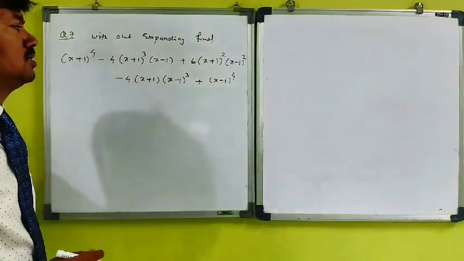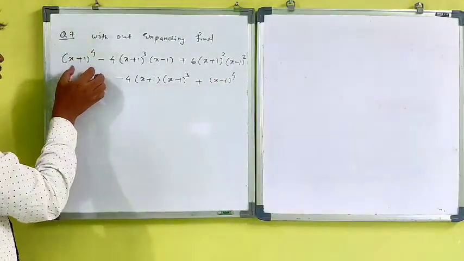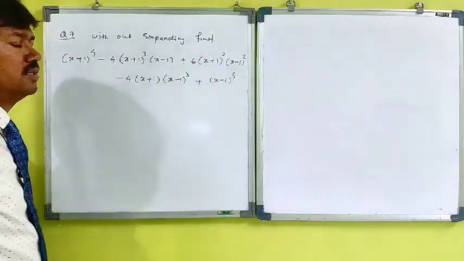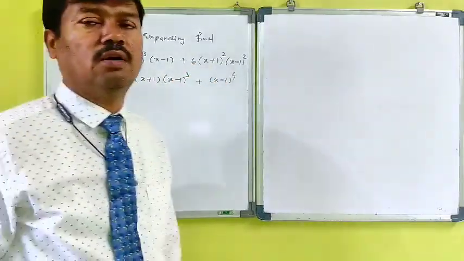So in this particular sum, we don't want to expand (x plus 1) raised to 4, (x plus 1) cube and all this. Without expanding, we have to find this.